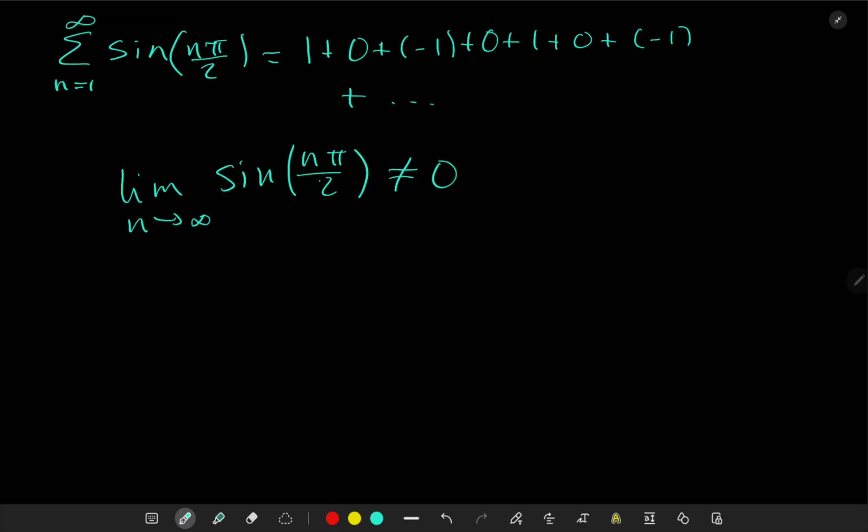The sine itself is going to be oscillating between 0, 1, 0, negative 1, and so on, so it doesn't stabilize down to 0. The limit is undefined, therefore not equal to 0. That's sufficient to say that the sum from n equals 1 to infinity of sine of n pi over 2 diverges.